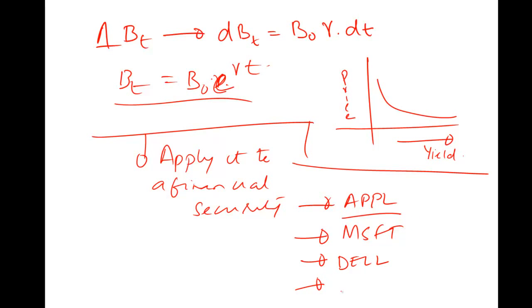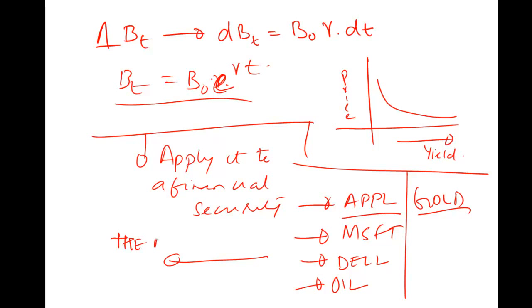Remember, you're not modeling noise, you're not modeling diffusion. All you're modeling at this specific point in time is drift. And the model for drift that we have in front of us, as it applies to any security, whether it's Apple or Microsoft or Dell or oil or gold, is B_t equals B naught into e raised to the power rt, the exponential function, the drift.